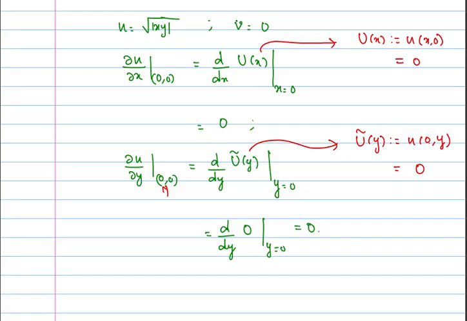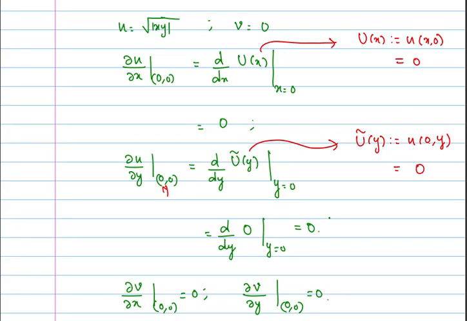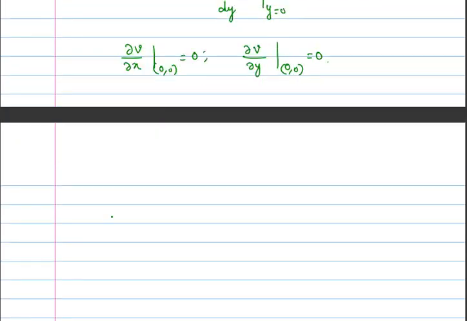Already v is a constant function for all x, y. So ∂v/∂x at (0, 0) is 0, and ∂v/∂y at (0, 0) is 0. So automatically it satisfies the CR equation.